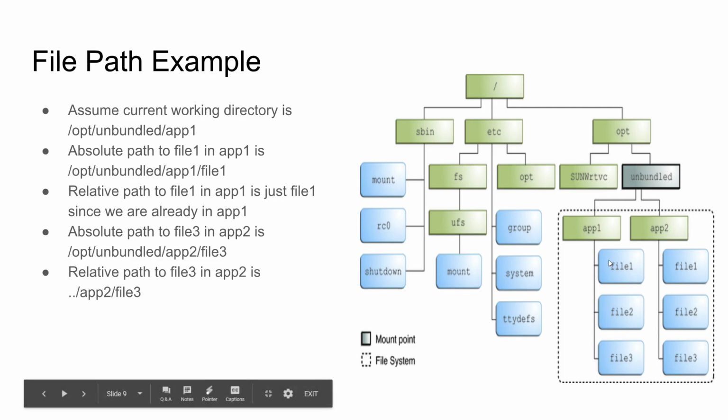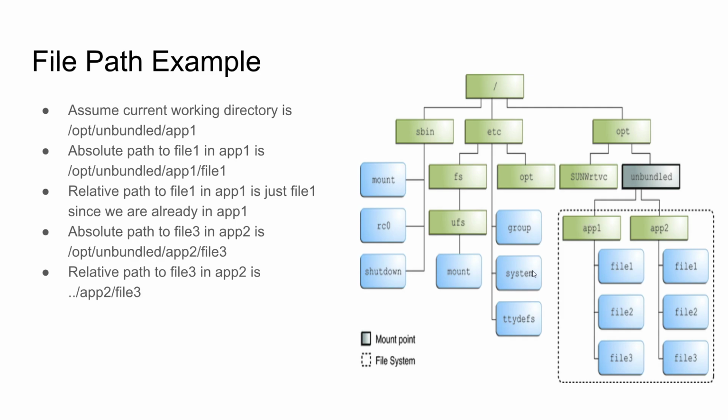What would be the absolute path to system over here? /etc/system, right? Again, if we assume that we're still in app1, what would our relative path be to system?